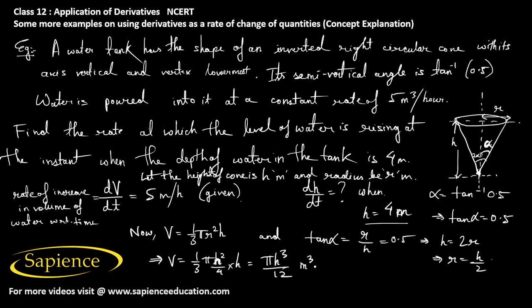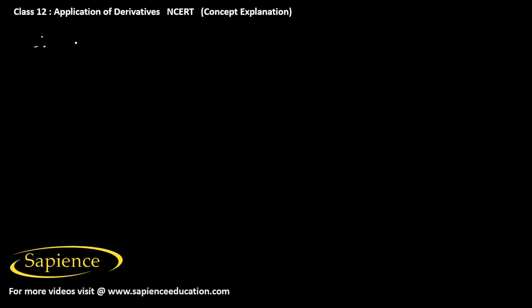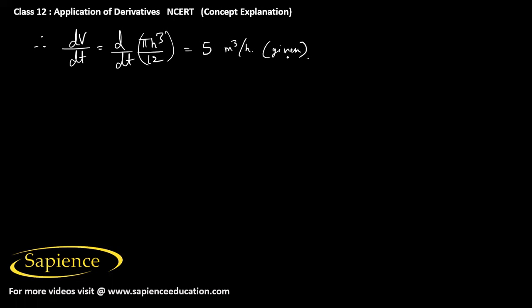So therefore dV by dt is d by dt of pi H cube by 12, which is equal to 5 meter cube per hour, that is given. The rate of increase in the volume is constant actually. So pi by 12 is a constant, so it will come outside, into d by dt of H cube.